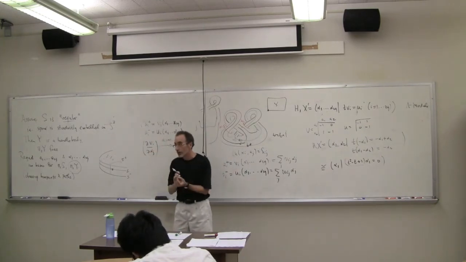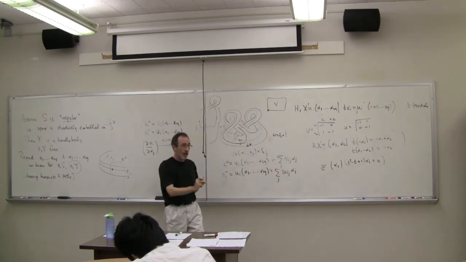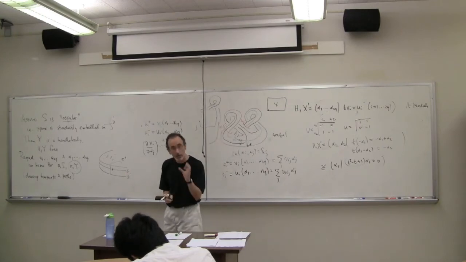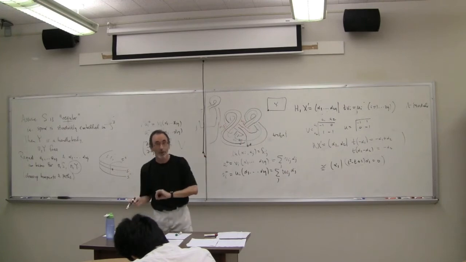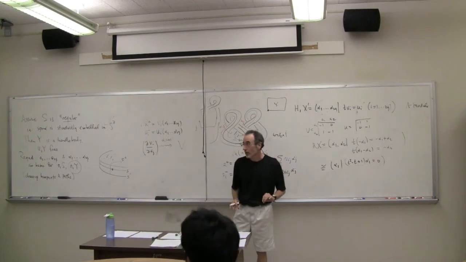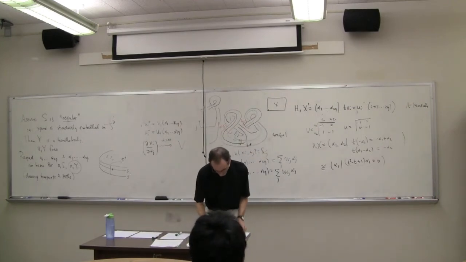As you travel around, as you link around one of these handles, you've got a monomial which is telling you your history, where you've been, and the Seifert linking matrix forgets all that history. I'll show you examples, but that's how to think of it.